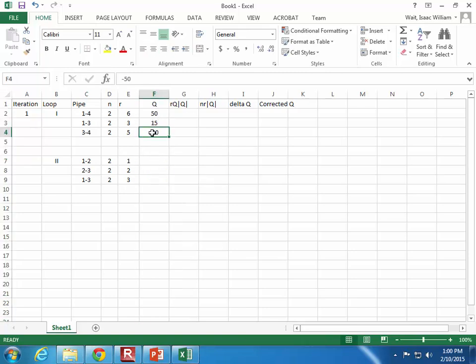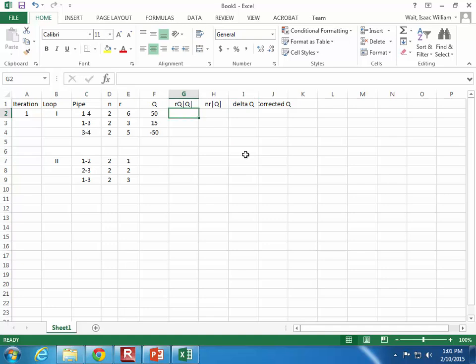Why is it negative 50 for pipe 3, 4? It's direction, right. So here is pipe 3, 4, and I said clockwise is positive, and this flow is against the clockwise direction. So I'm saying negative 50 there because that has to do with the direction.